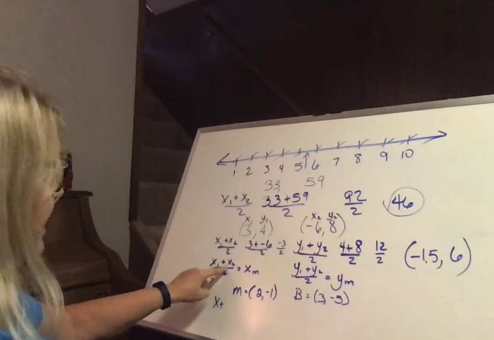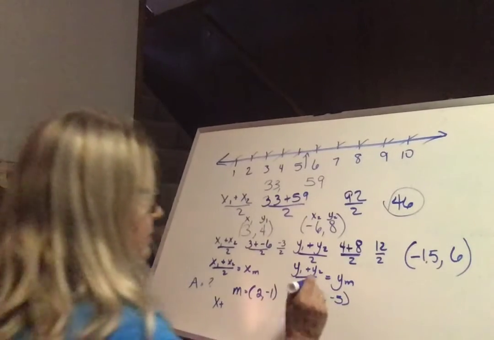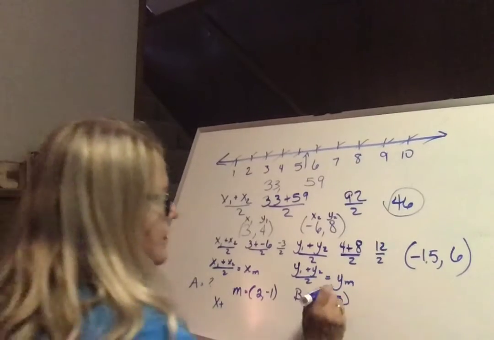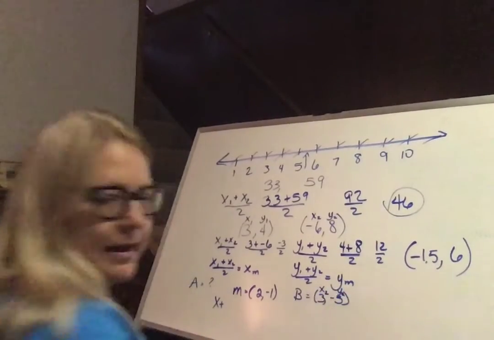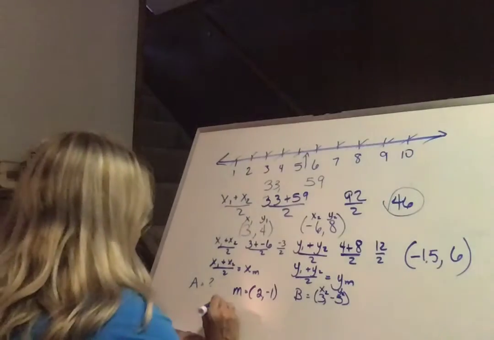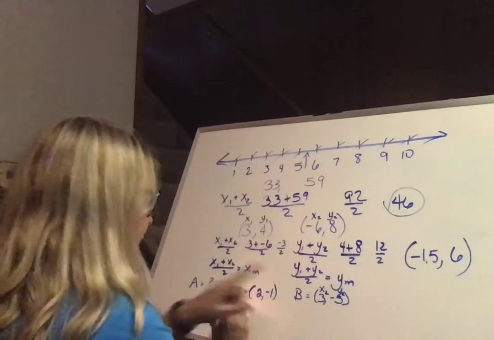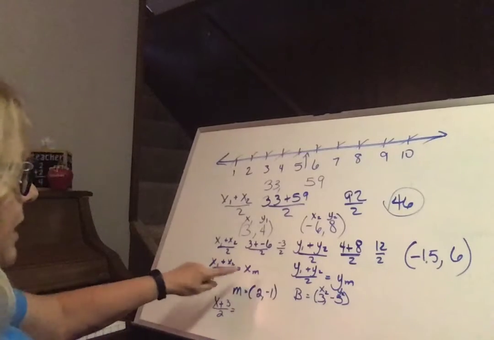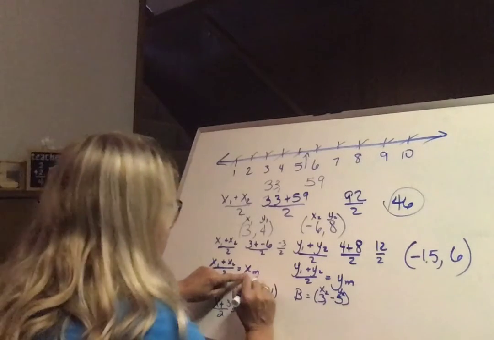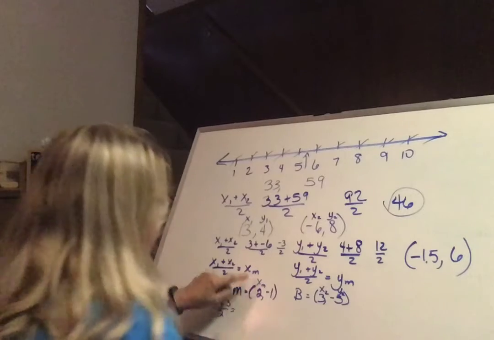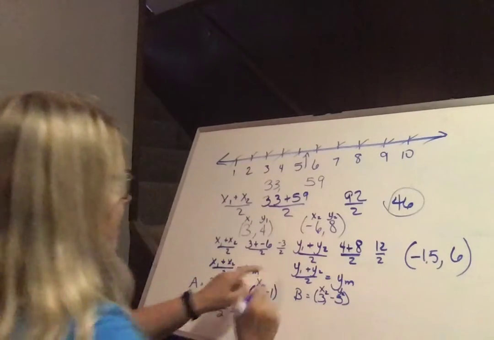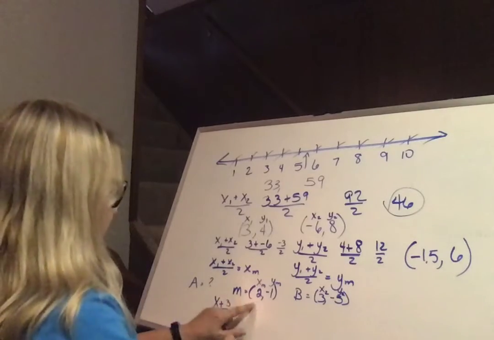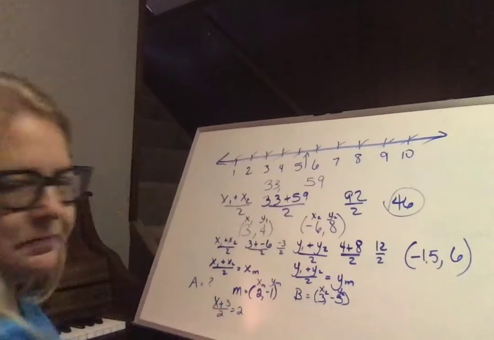The second x, we do know, because this is the second x. This is the second y. So the second x is 3, divided by 2, and it will give us the x that's in the middle, which is 2.